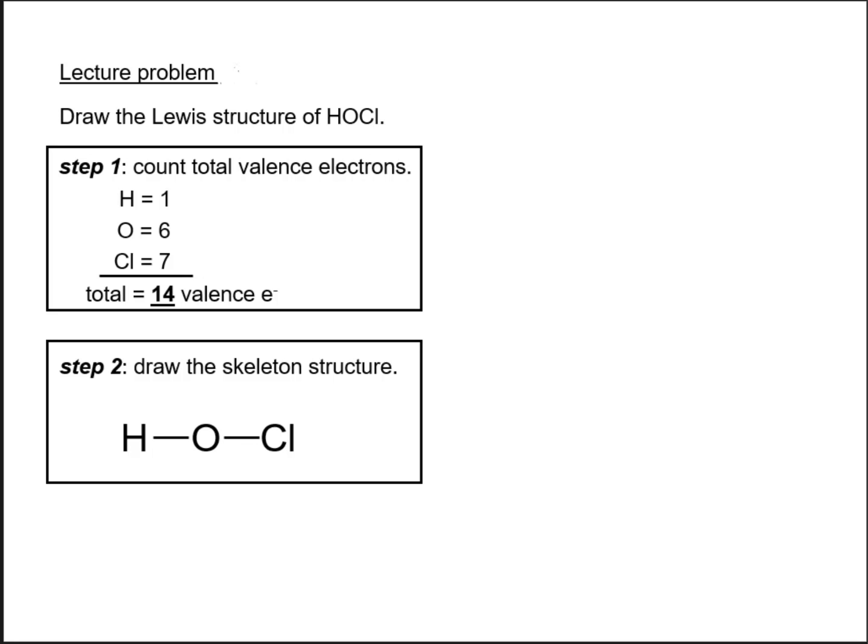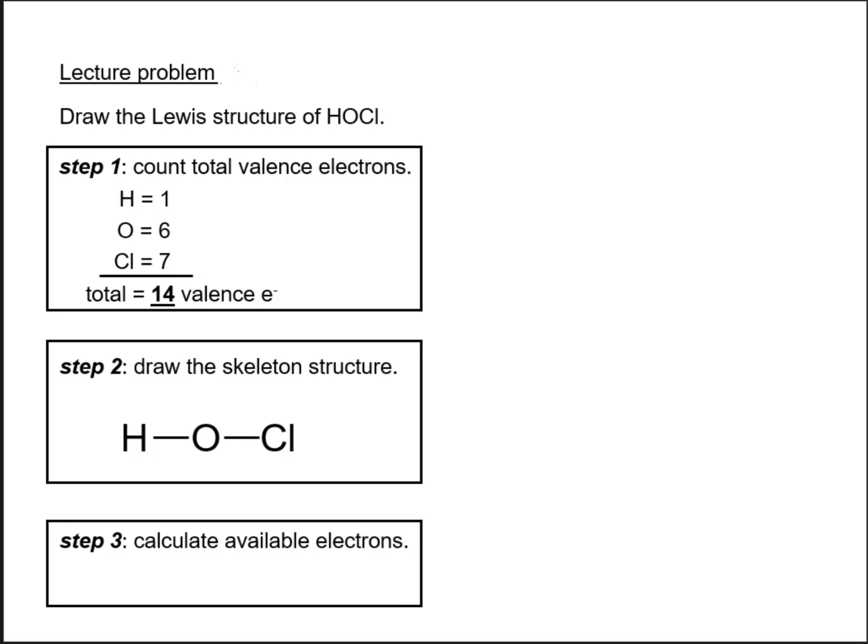Remember that in the Lewis structure, each one of these single lines represents 2 electrons. So in step 2, by just connecting hydrogen, oxygen, and chlorine, I used 4 electrons already. So 4 out of that 14.